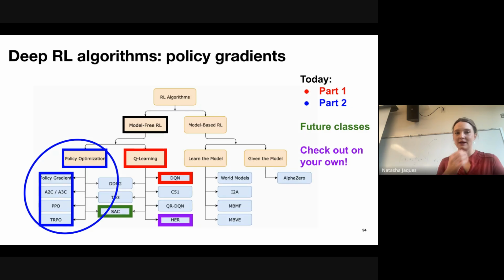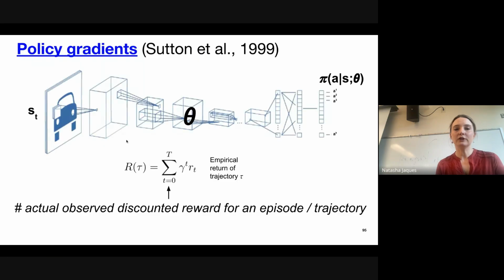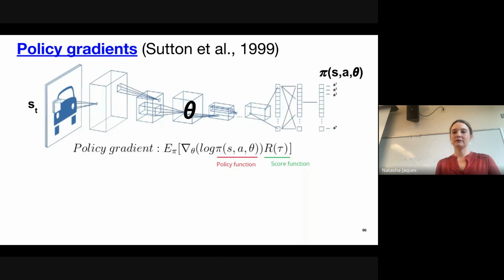Policy gradients. So this is this side of this tree. Policy gradients are basically on-policy learning, where you take your empirical return of the trajectory, which we talked about before. So this is your actual rewards you observed in a trajectory. And you do something really simple, which is you just take the gradient of the probability that your policy is assigning to that action in that state and multiply by a score.